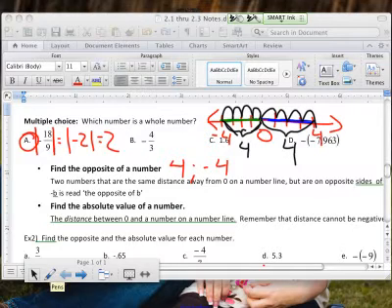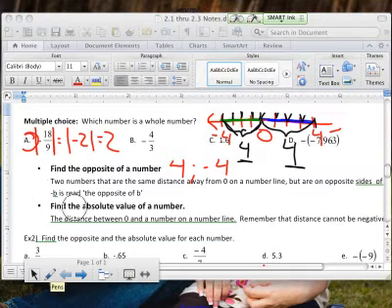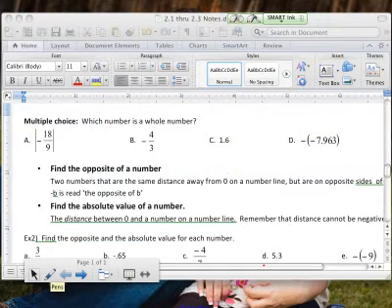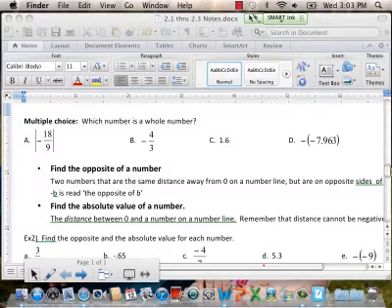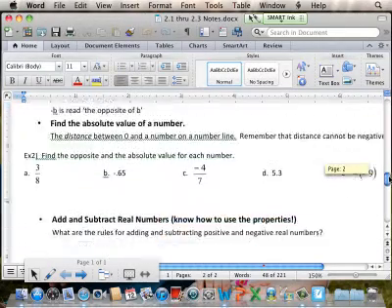So the distance from 0 to -4 is 4, and the distance from 0 to +4 is also 4. So you'll notice, if you remember, the absolute value can never be negative, because the absolute value represents the distance. Distance can't ever be negative. You can't ever travel -7 miles. You can travel 7 miles in the opposite direction, but that's still not -7 miles.